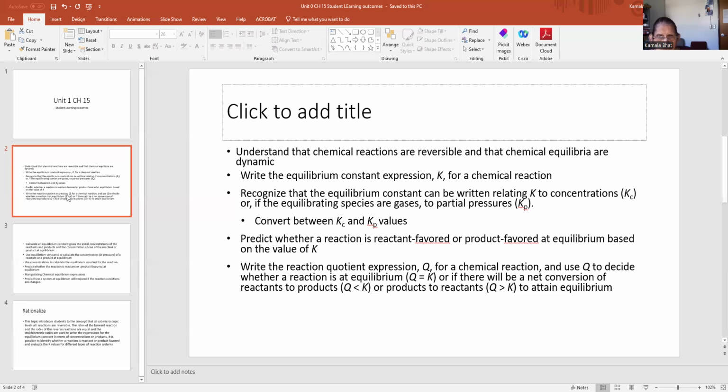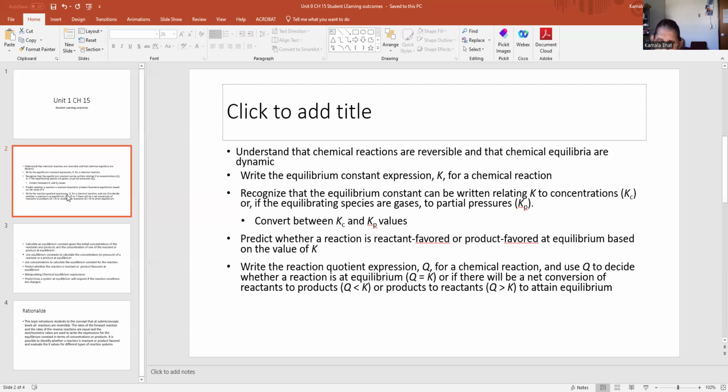The expression for such reactions is the equilibrium constant K, the ratio of the concentration of the products over the concentration of the reactants. The equilibrium constant, depending upon the nature of the reaction, can be written either in terms of concentration or in terms of partial pressures.